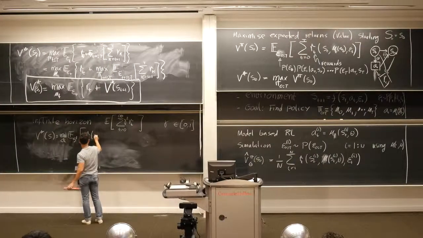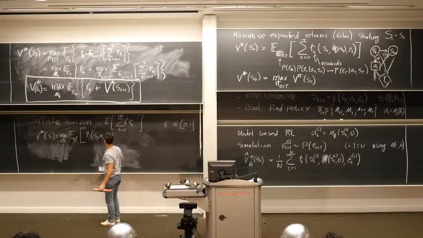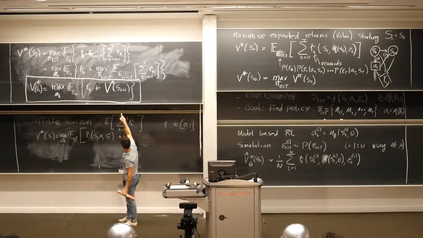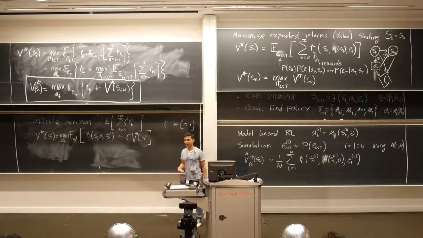I'm just going to rewrite this as SA moving to state S prime. And then there's going to be a discount factor, gamma V of S prime. That's a sort of formulation that you often find in books.